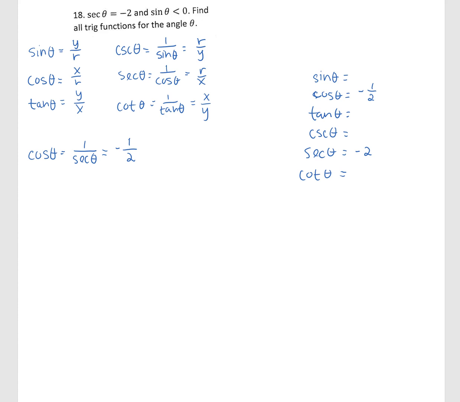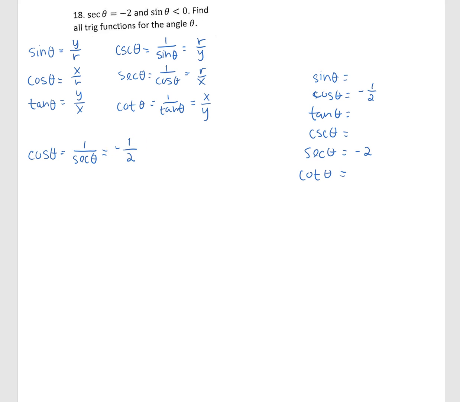So what we have is, since in cos theta we have a negative number, and we know that r, or the number on the bottom, our radius, is always positive because it's just the length of the radius, that means that x, the number on top, -1, has to be negative.